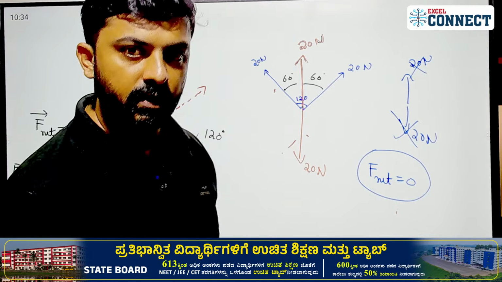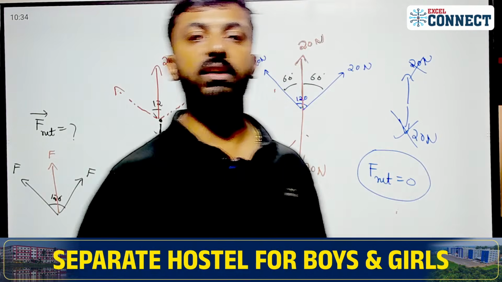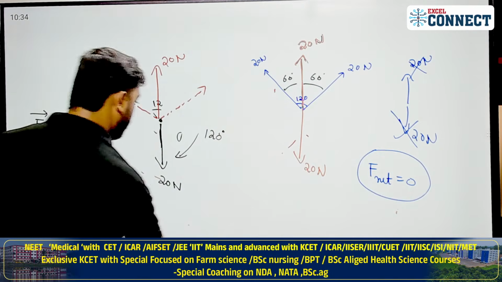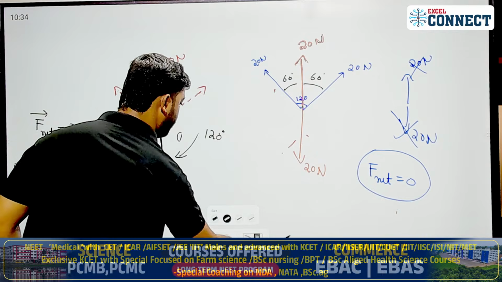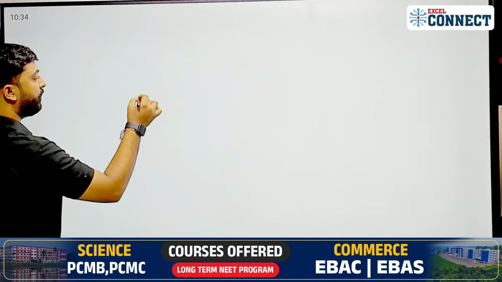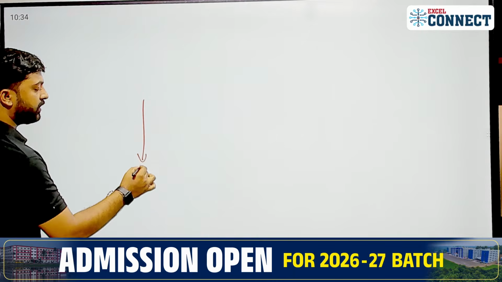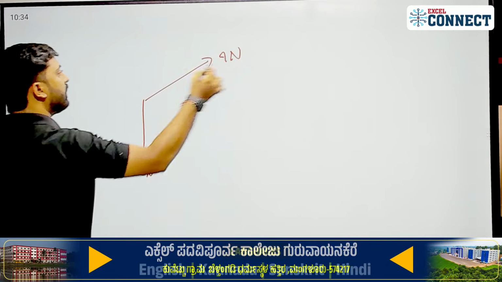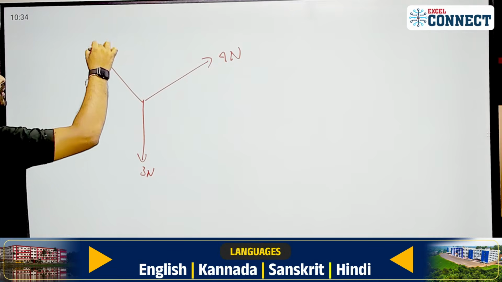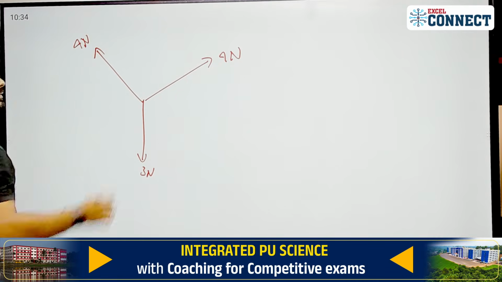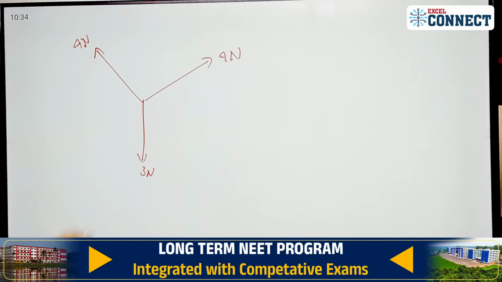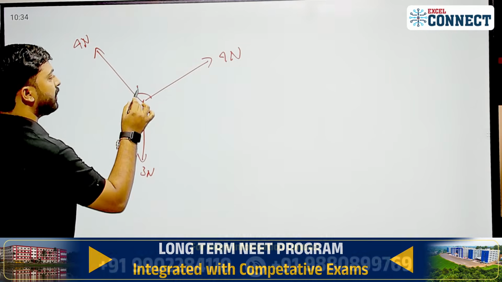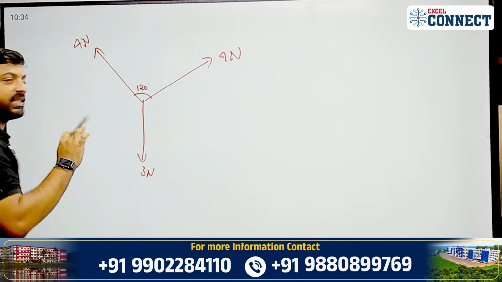Is it clear? After taking the resultant, we can neglect the original vectors, which means if we have 3 forces here, this is 3 Newton and this is 4 Newton and this is also 4 Newton. Okay, and angle between them is here 120. What is the answer now?